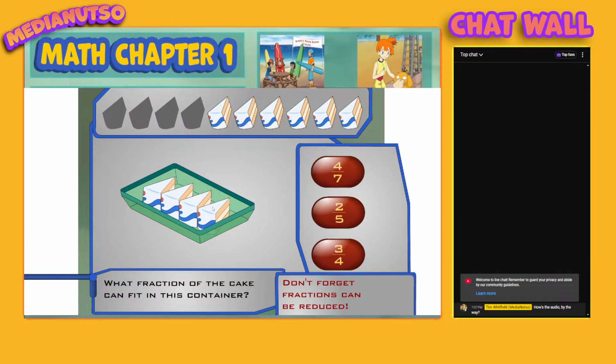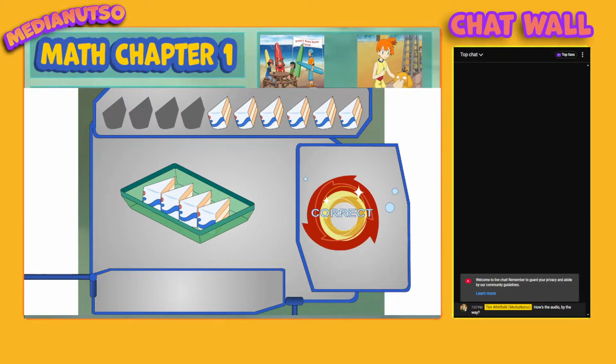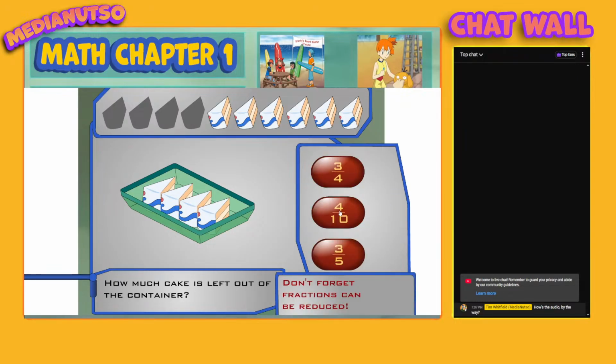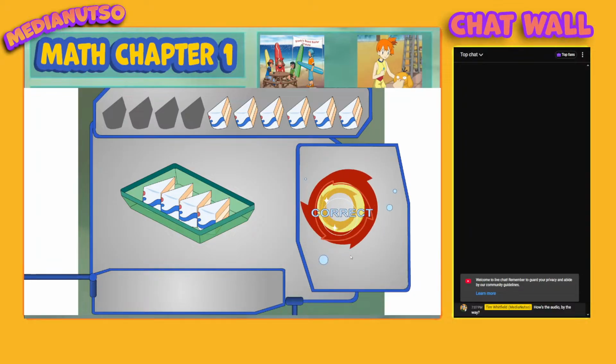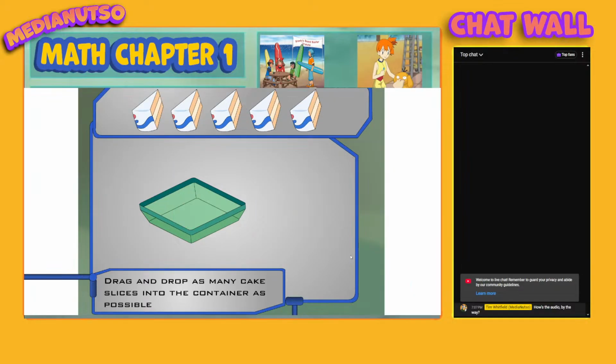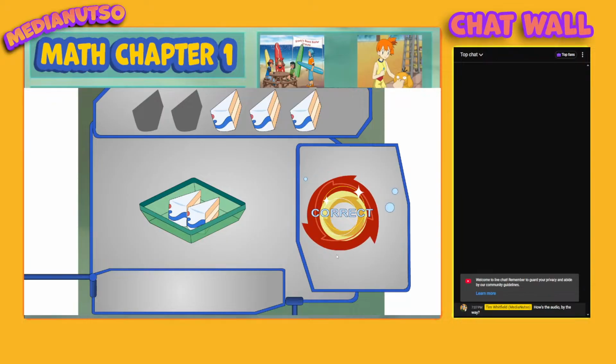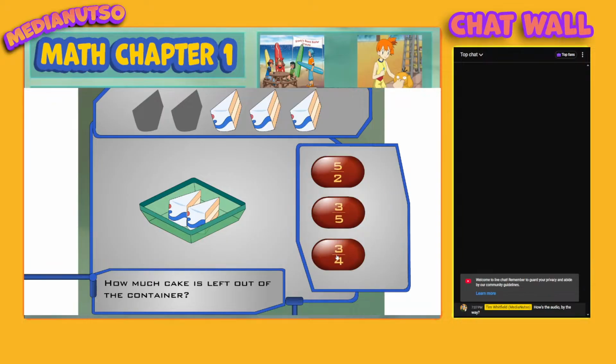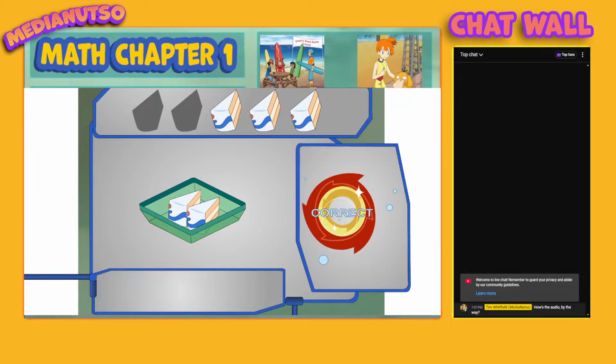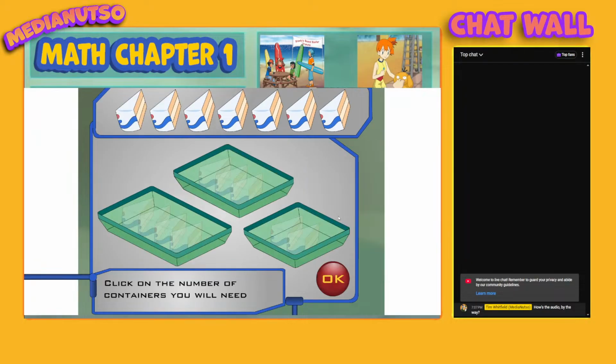What fraction of the cake can fit in this container? Awesome! How much of the cake is left out of the container? Yes! You got it! Drag and drop as many slices in as you can. What fraction of the cake can fit in this container? Awesome! How much of the cake is left out of the container? Cool! Click on the least number of containers you'll need.